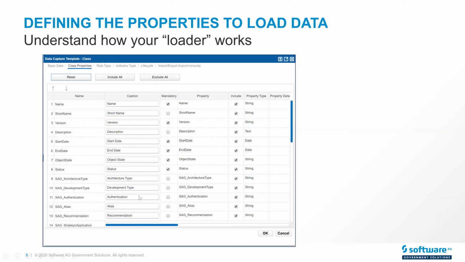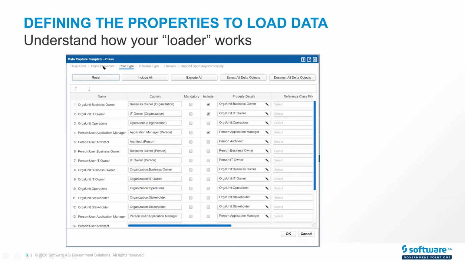Now I'm going to show you a live demonstration of this in just a few minutes. But for the application class, I'm also going to look at roles and responsibilities. One of the things I usually find: show me the person who is considered the application manager. Include that column in the capture template. Also include the organization that is considered the business owner and the organization that's considered the IT owner of the application.